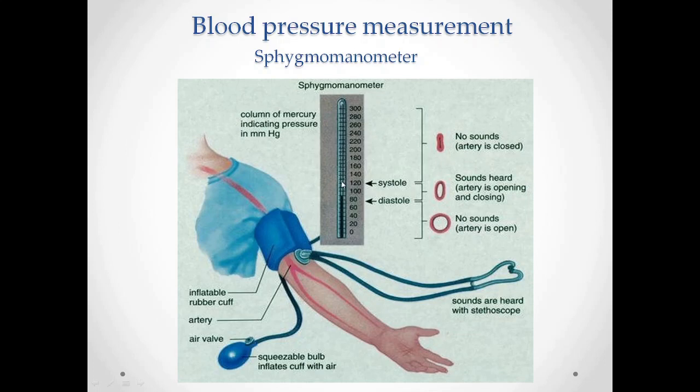At one point, say near 120, the artery will start to open and close, and there will be a sound that you can hear. That indicates the systolic pressure, and they will observe this reading. Then, when the pressure is further reduced, the artery becomes normal and doesn't close. Since it is open, at one point the sound will vanish. The first reading at which the sound vanishes is taken as the diastolic pressure.